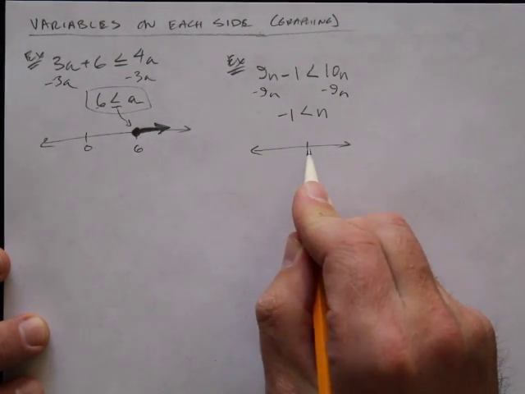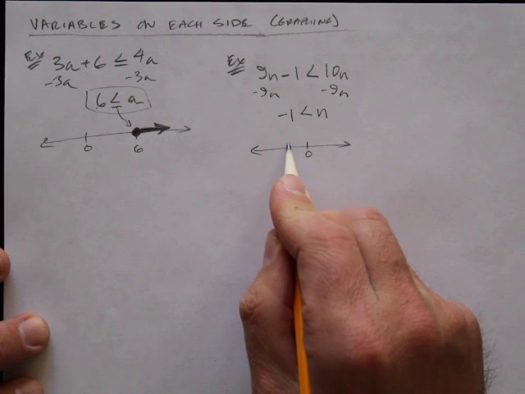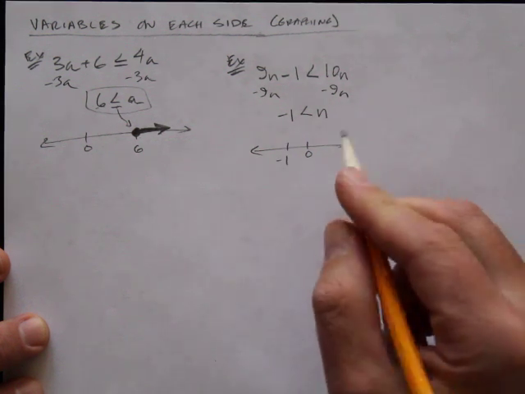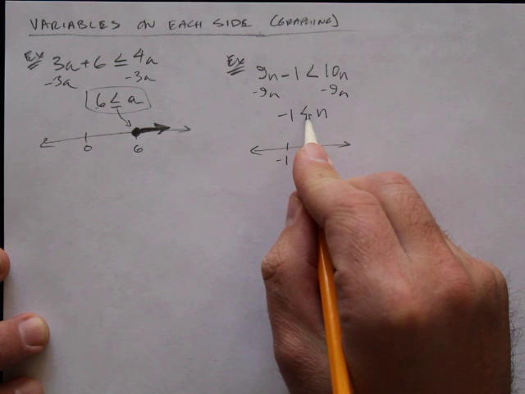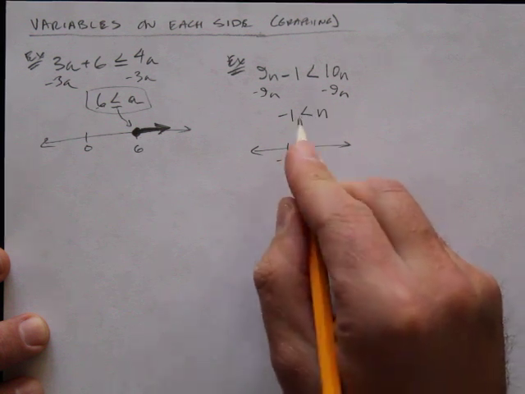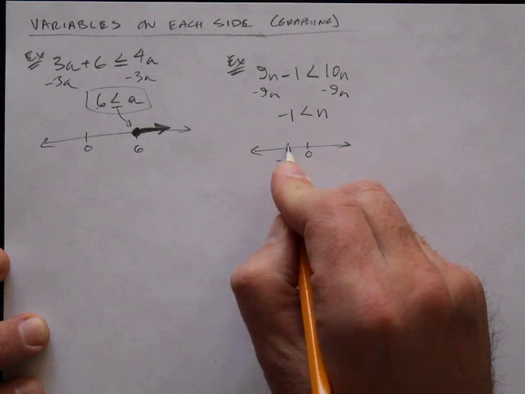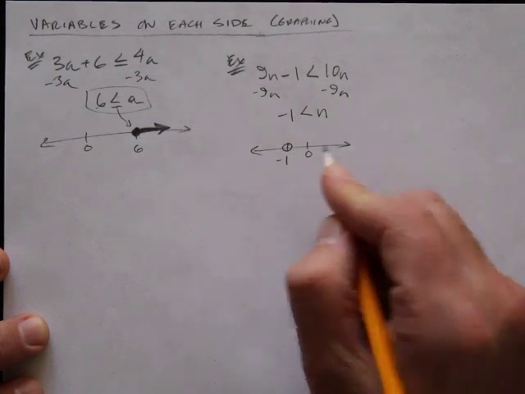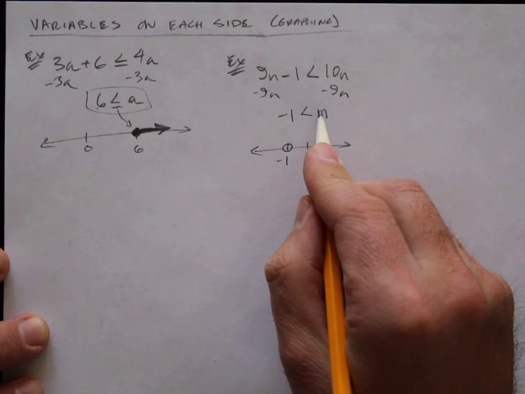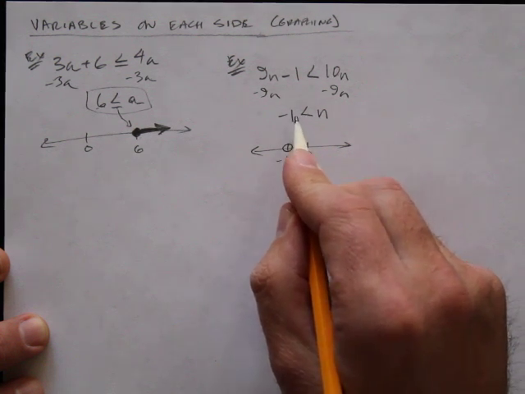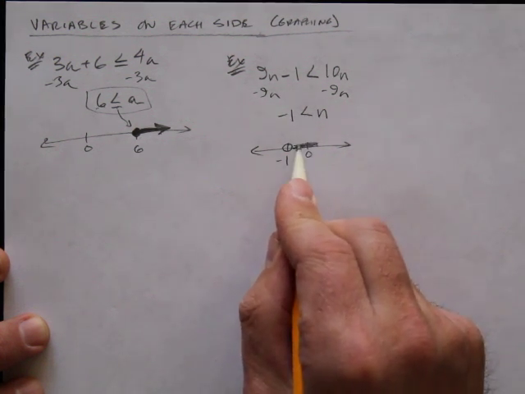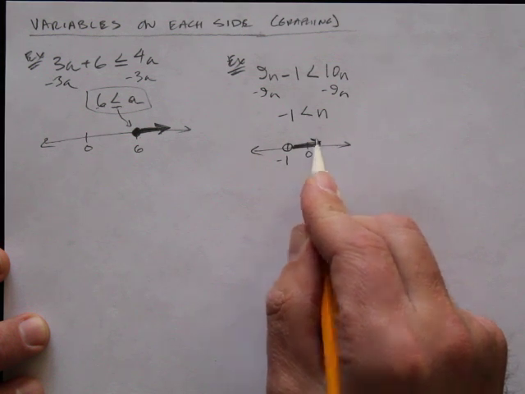I'm going to put 0 right here, -1 right here. Now, -1 is less than n, and since it's not or equal to, that means -1 is not included in the solutions for n. n is greater than -1, so again I'm going to shade to the right.